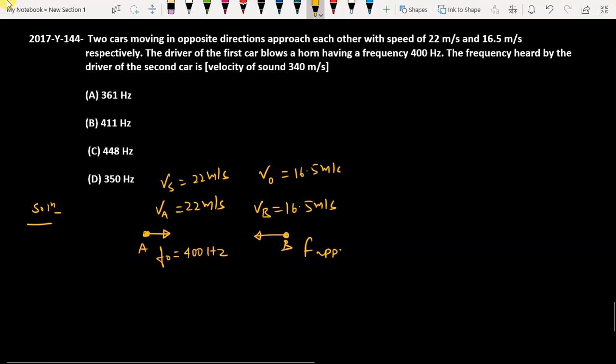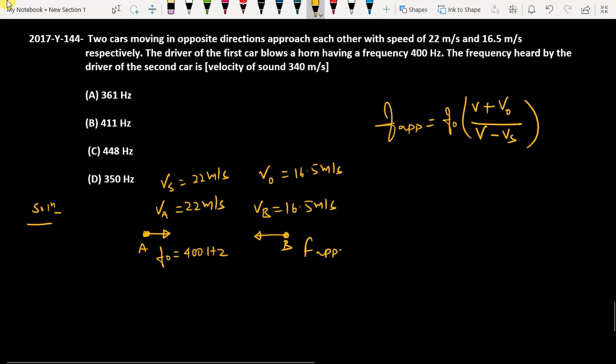16.5 meters per second. Okay, now if you talk about the apparent frequency, the formula that we have is F apparent equals the original frequency of the source into velocity of sound plus velocity of observer, divided by velocity of sound minus velocity of source, right?